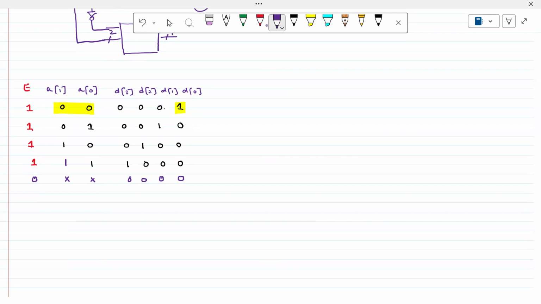But now, how do we generate the mathematical equation, and then the hardware? First, let us develop the mathematical equations. What is the mathematical equation for D0? This is also included, right? Therefore, simply we write D0 is A bar, B bar, and E. Small e or capital E doesn't matter, but let me write the small e.